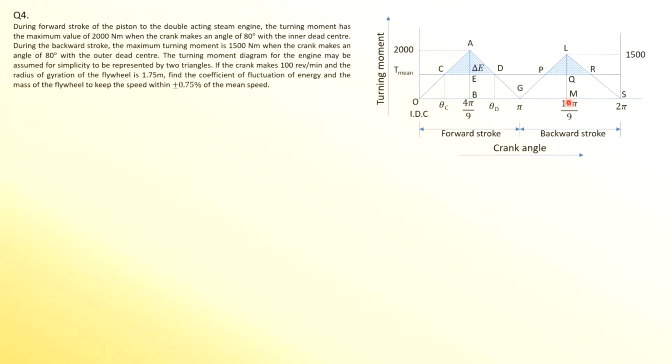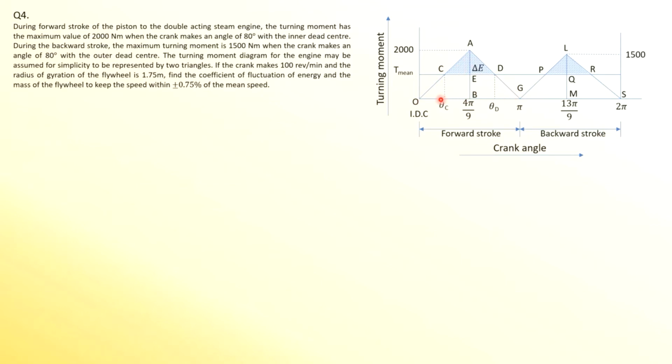So these are the two triangles which is stated in the question, which when you refer to this T theta diagram, the crank effort diagram, this would be a forward stroke and this would be the backward stroke. So the forward stroke is a triangle, as well as the backward stroke.